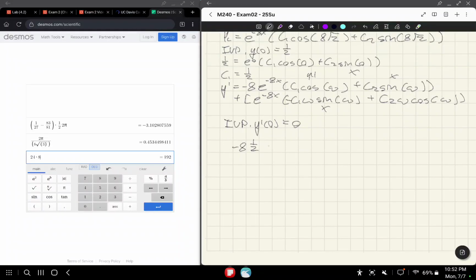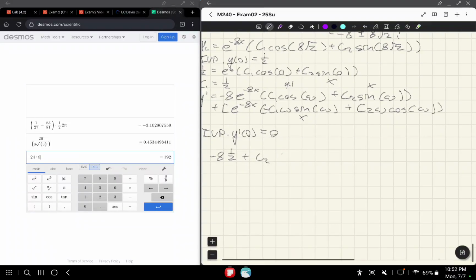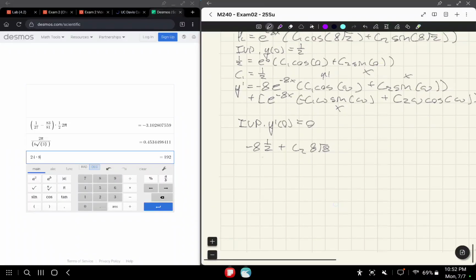So C2 times 8 square root 2 is equal to 4.